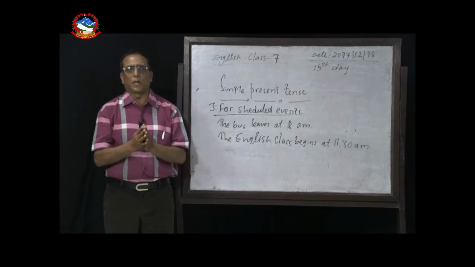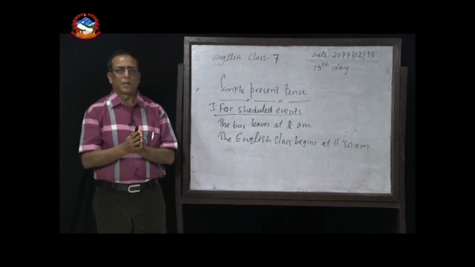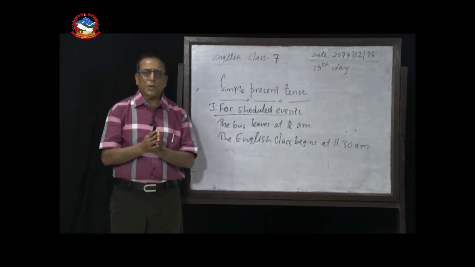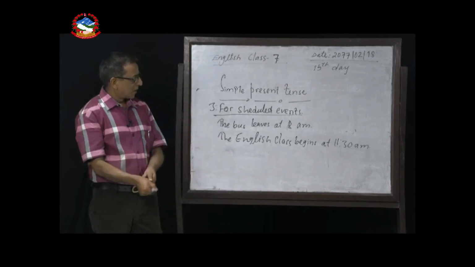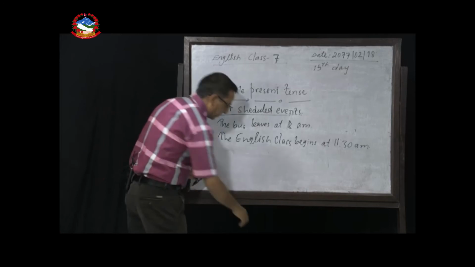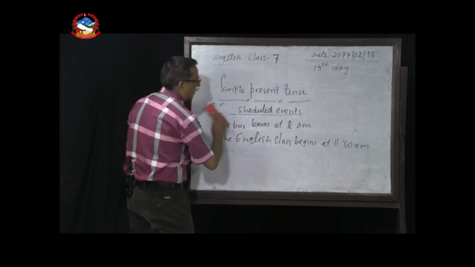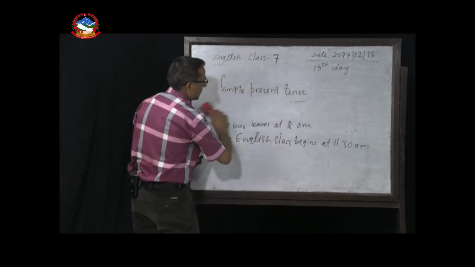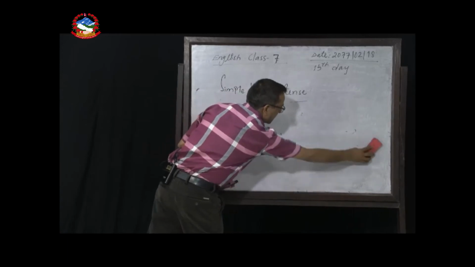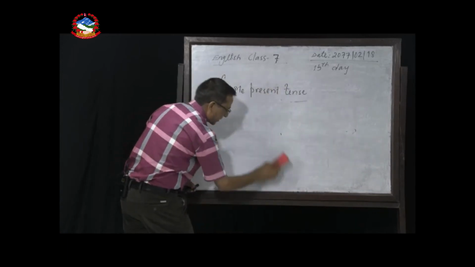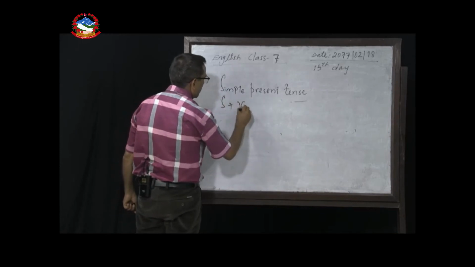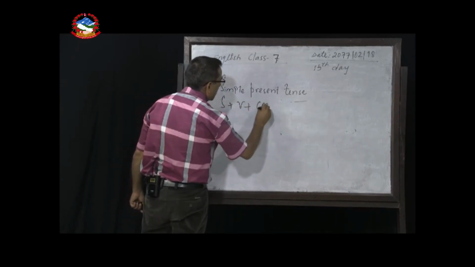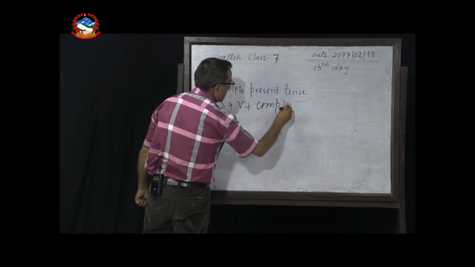The structure of how to conjugate the sentence is first subject, second verb, and complement. It is the structure of conjugating the sentences: subject, verb, and complement.